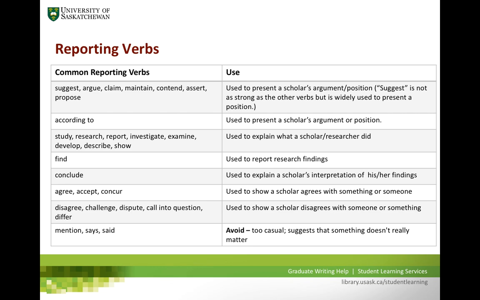If you use mention, it suggests that something was only said or written in passing, that it really wasn't that important. So I'd avoid the verb mention, but you can use mentioned as a past participle with as. So you can say as mentioned earlier to refer to something that you've already stated in your paper.